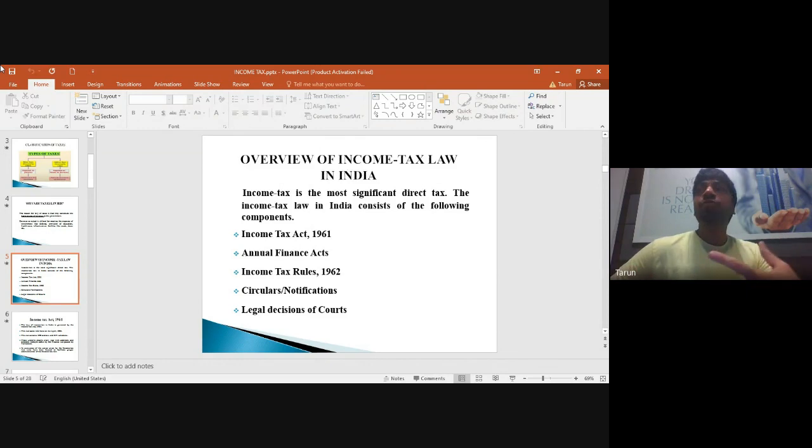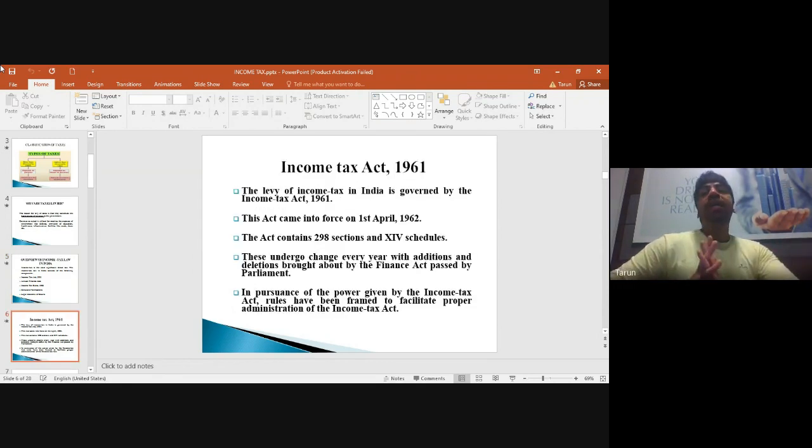And the next one is the legal decisions of the courts, which have the supreme power to amend or formulate new laws related to taxes, and the supreme power, of course, is the Supreme Court. The High Court is also relevant, state-wise, right? So next, let's proceed in detail about these income tax laws.